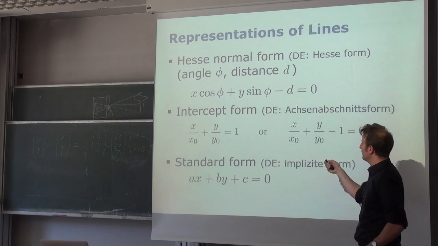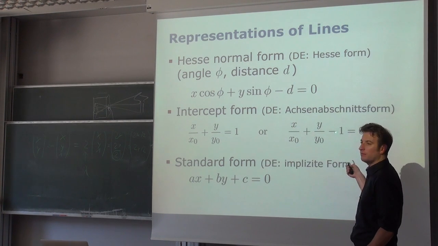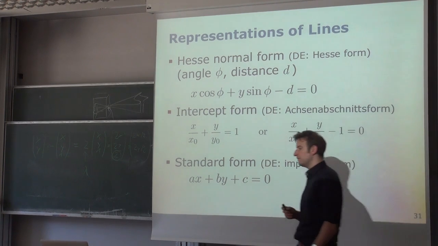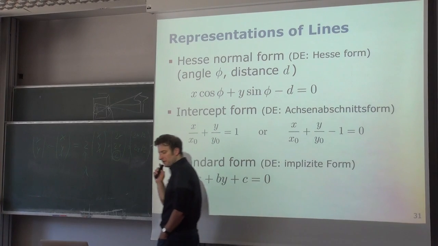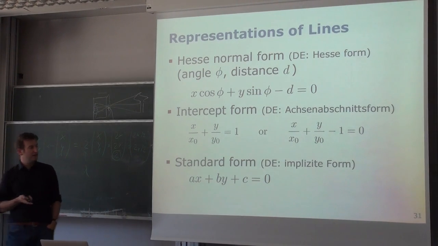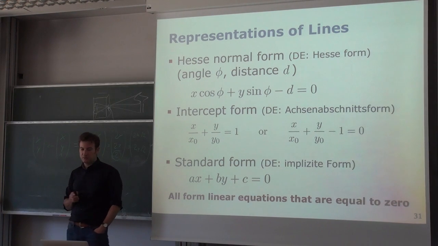Same thing over here: x, some coefficient, y, some coefficient, constant part equals 0. And exactly the same we have in here. So the key insight, if you look at how lines are represented in the Euclidean world, is that they all form linear equations which are equal to 0.